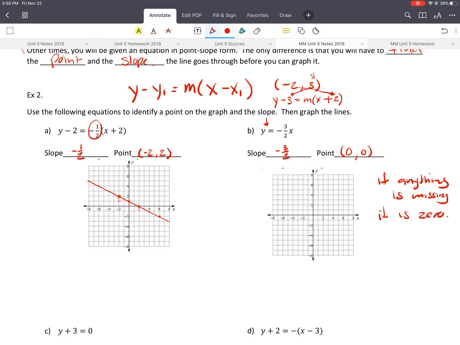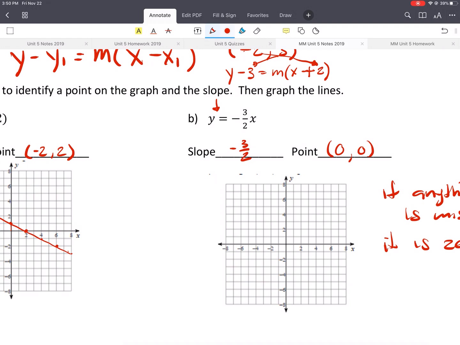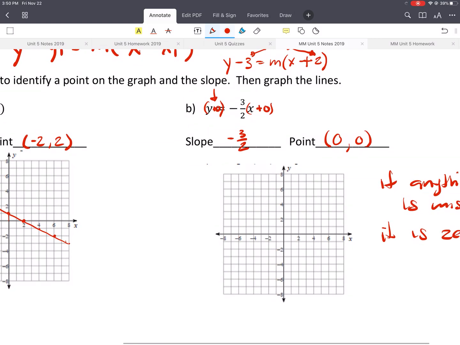Okay? So here we're missing a y1, we're missing an x. Those will always be zeros if it's missing. All right, so we plot it, down 3 over 2, down 3 over 2, okay? And then you just connect all those lines. Didn't use my straight edge that time.